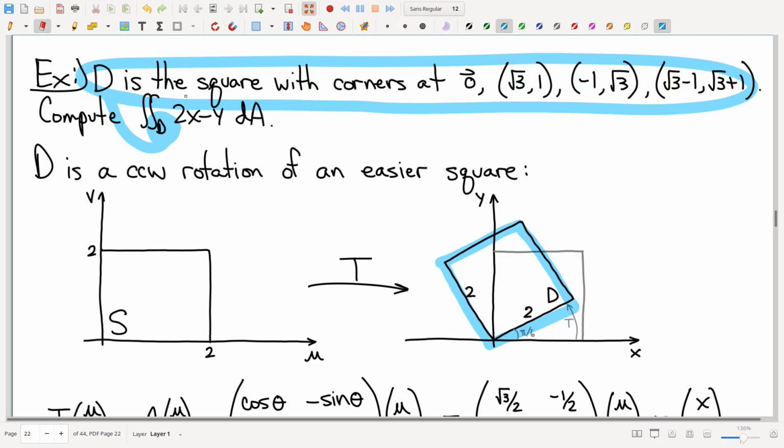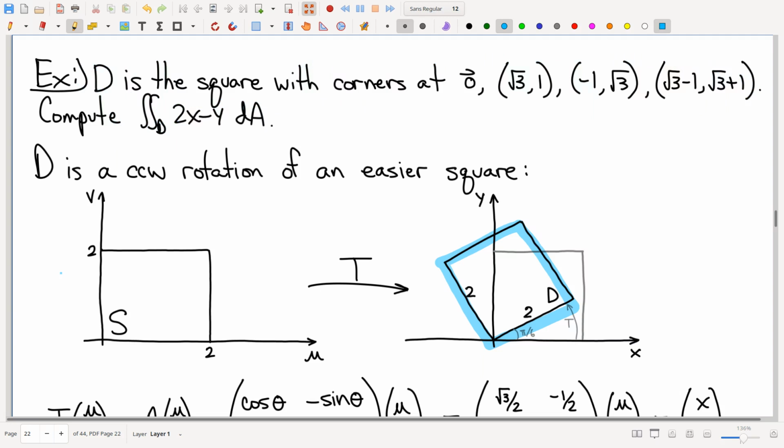Okay, so that said, what should be my change of variables function? Let me ask that question to myself in another way. What nicer shape could I start with, and then what would I have to do to that nicer shape to make it look like this?